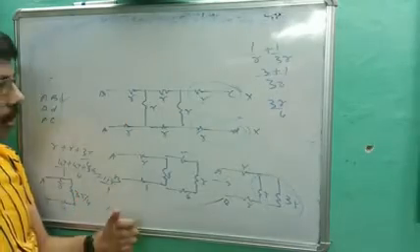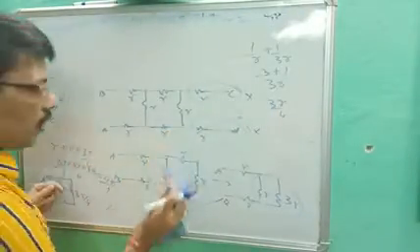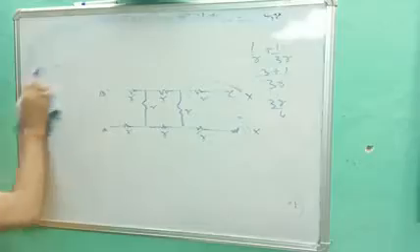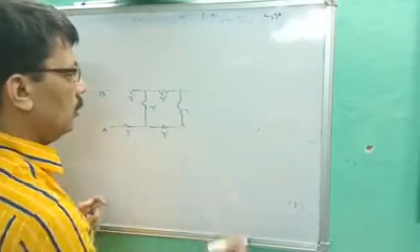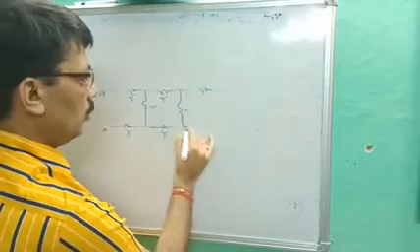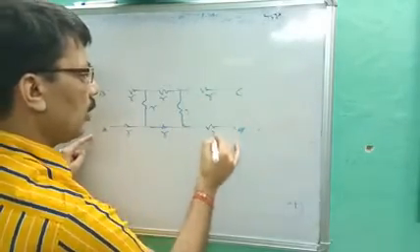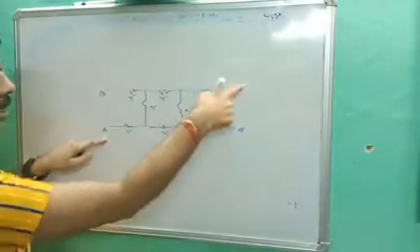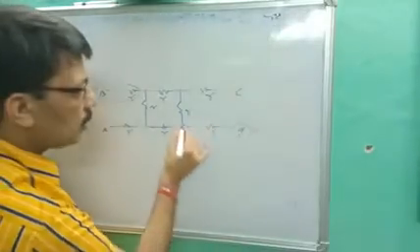For AC, one more question. If you are thinking about A, B, C, D, each resistance is R. Your journey will start from A to C. This way, this is in open circuit, and this is in open circuit.